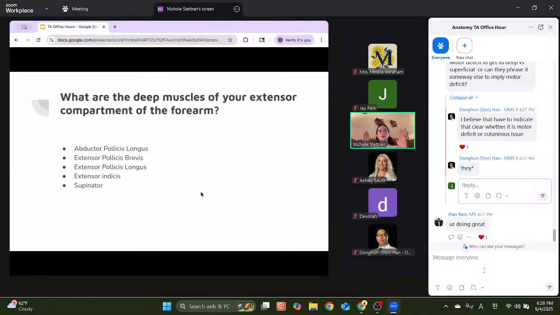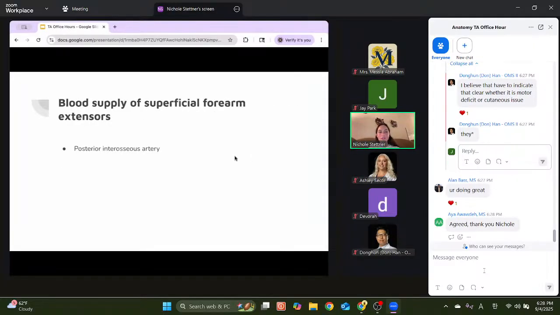What helped me was drawing the forearm as two lines and breaking it down by category. For the deep muscles, I would draw lines to where they're from and where they go. That can help if you have difficulty grouping them together.